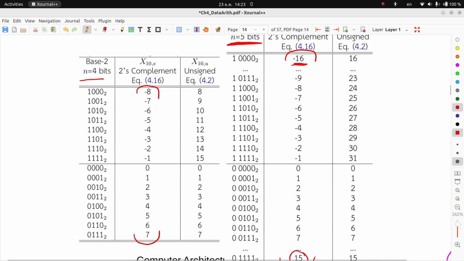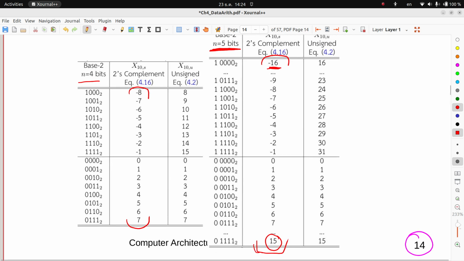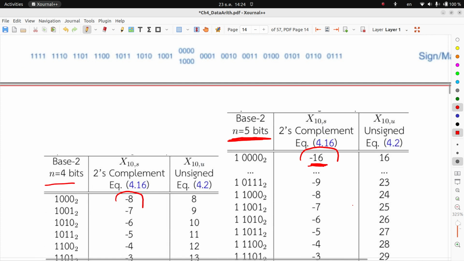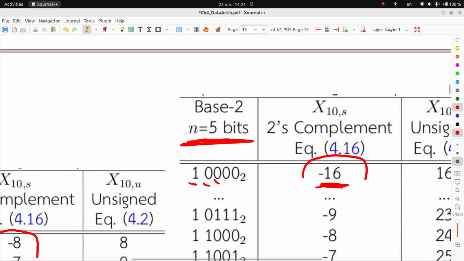From minus 16 all the way to plus 15. Here, 1 0 0 0. Remember equation 4.16, it's minus 16. That's the main equation for 2's complement integers.